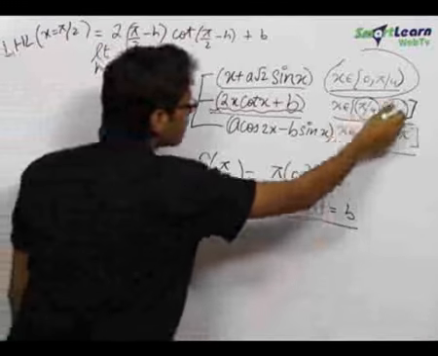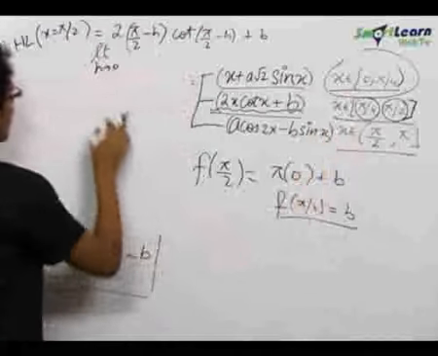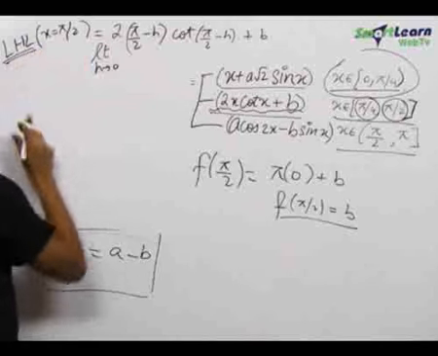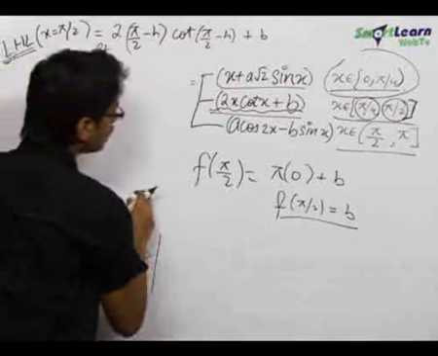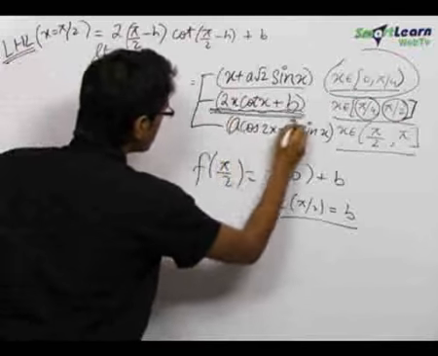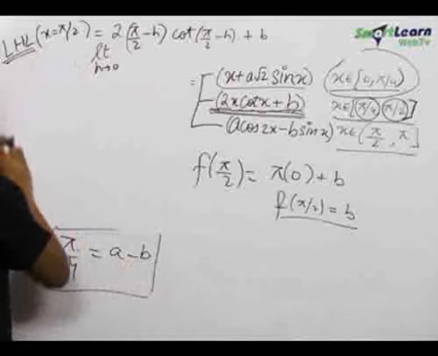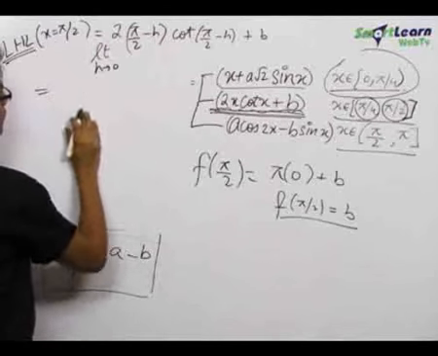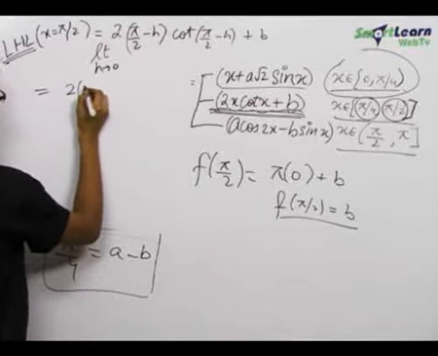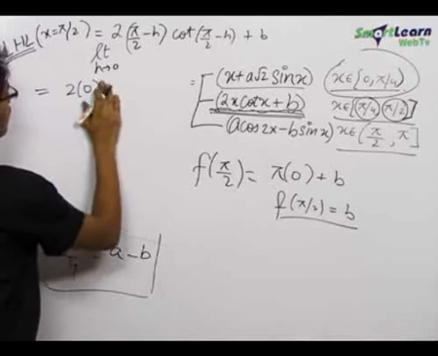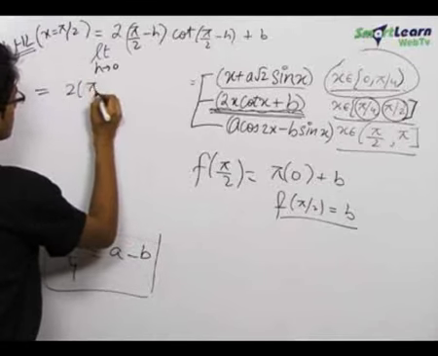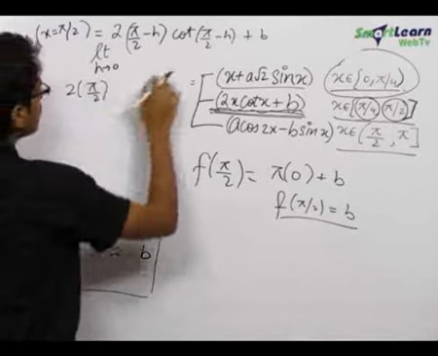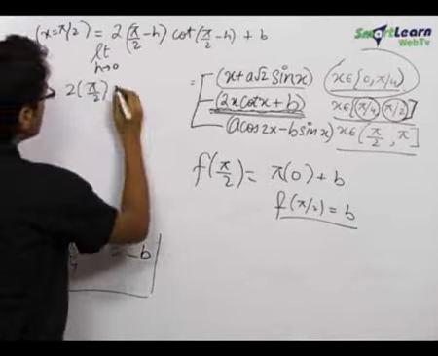Since this was the interval of pi by 2 minus, so we obtain the value of left hand limit at x equals pi by 2 by putting x equals pi by 2 minus h in this value of function. On putting h equals 0, we get 2 into pi by 2 into cot of pi by 2, which is 0, plus b, which is equal to b.